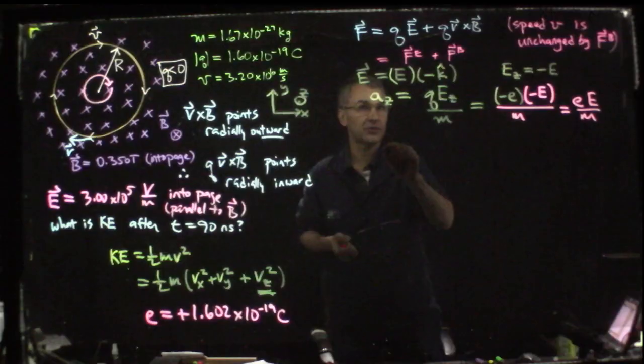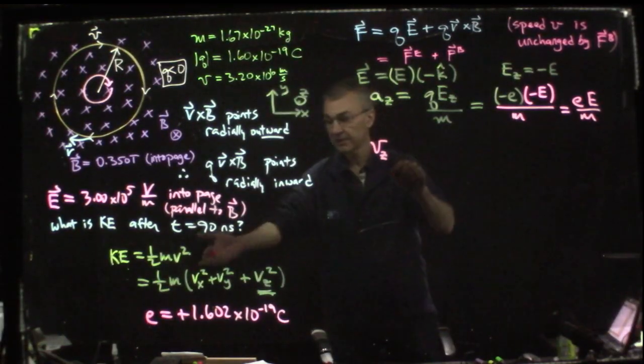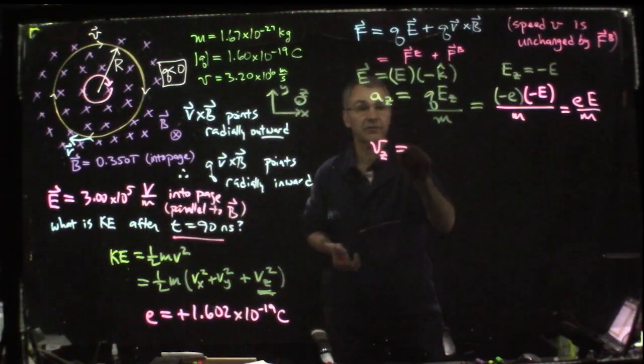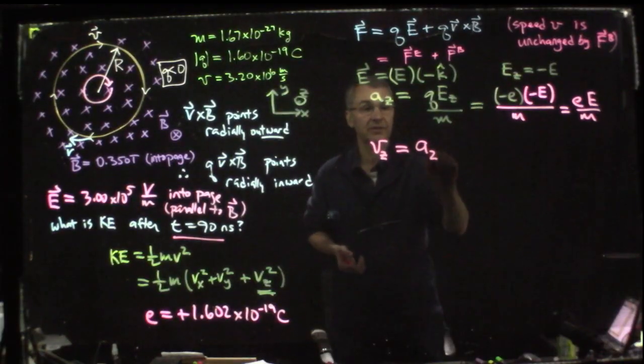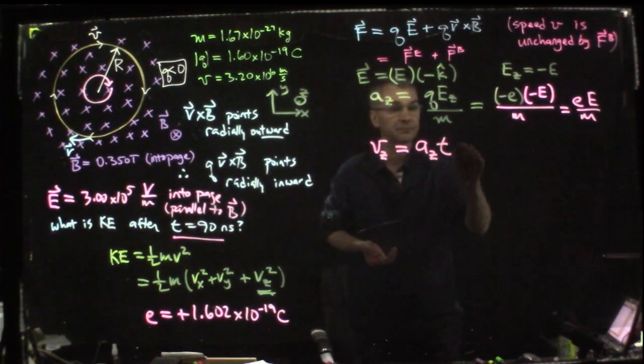So we can use our kinematic equations from the beginning of physics 150. We'll say the velocity in the z direction after time t, 90 nanoseconds, is going to be the acceleration in the z direction times t, because we started out with 0 velocity in the z direction.